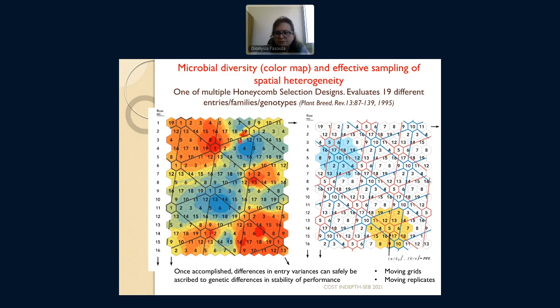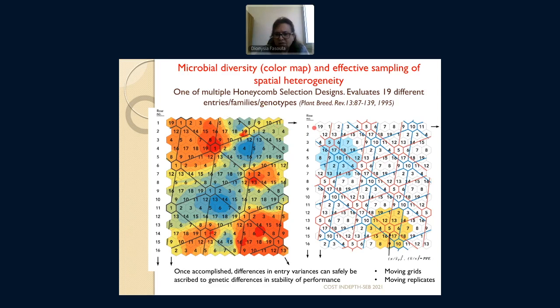So this is one of the multiple honeycomb selection designs that is capable of evaluating 90 different entries or families or genotypes.